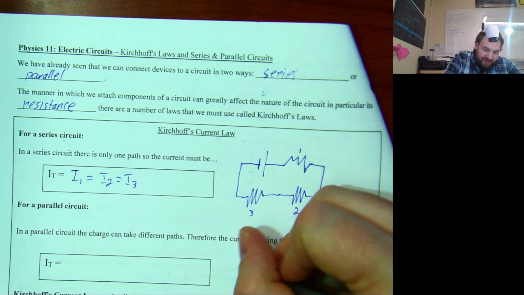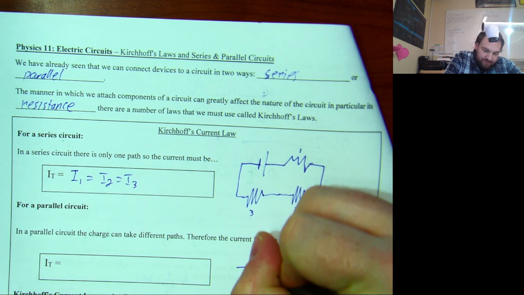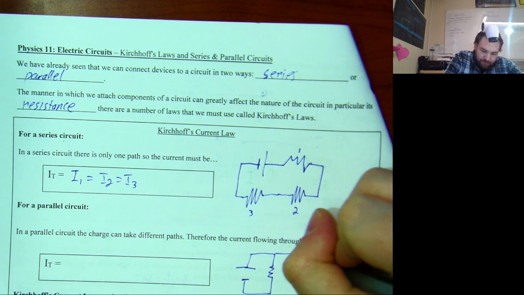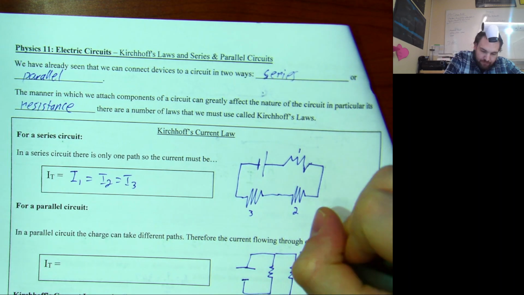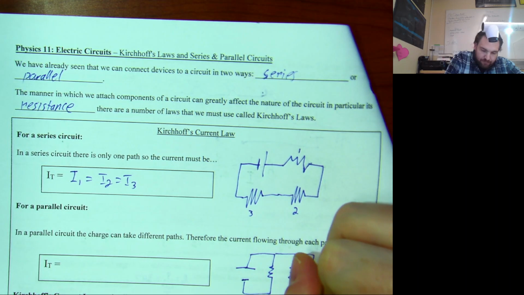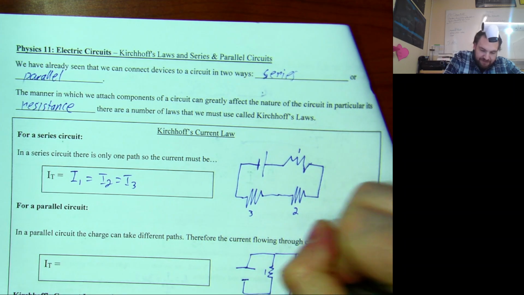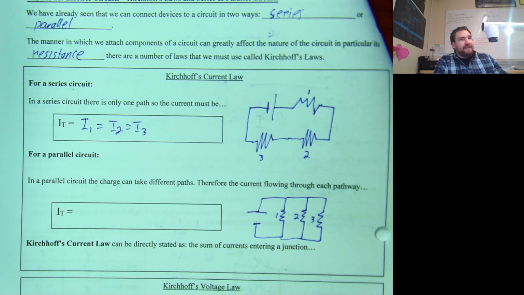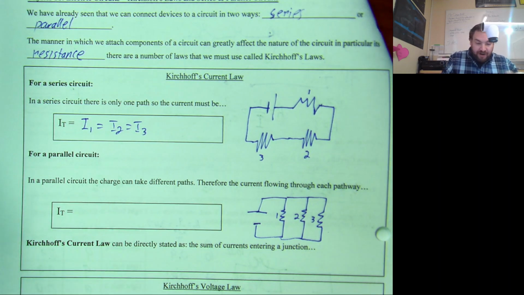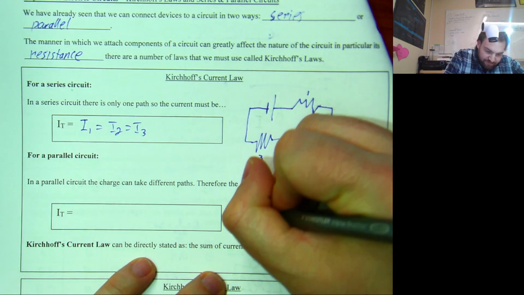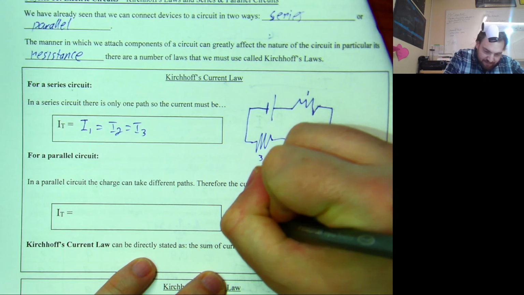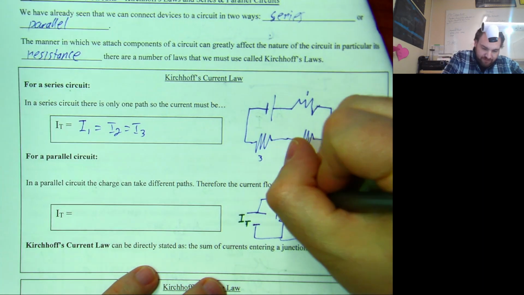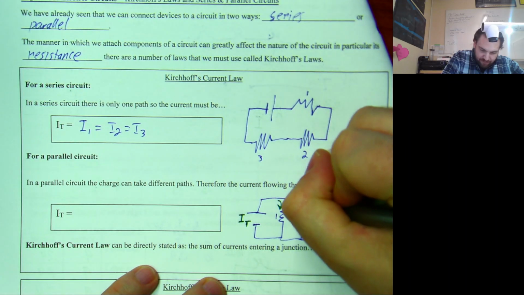In a parallel circuit, you get something that looks like this. That's resistor 1, resistor 2, resistor 3. We found already, doing the activity you just completed, that my total current, I total, is going to equal what?